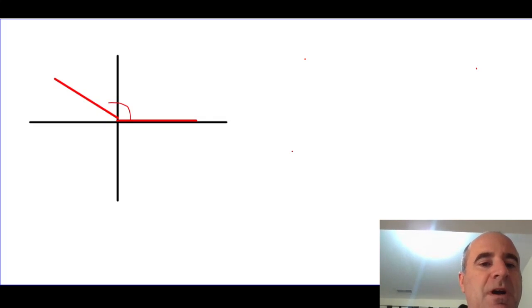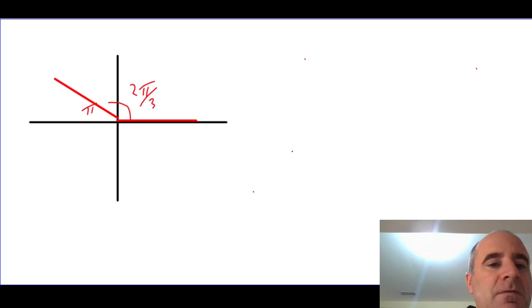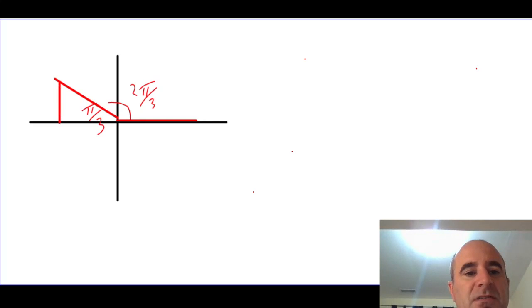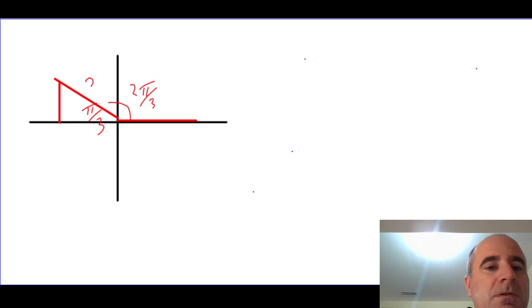So the angle 2 pi over 3 is going to land somewhere over here, where this is now pi over 3, and your pi over 3 is 1/3 short of a half rotation. That is one of our special triangles. So the hypotenuse is still 2.